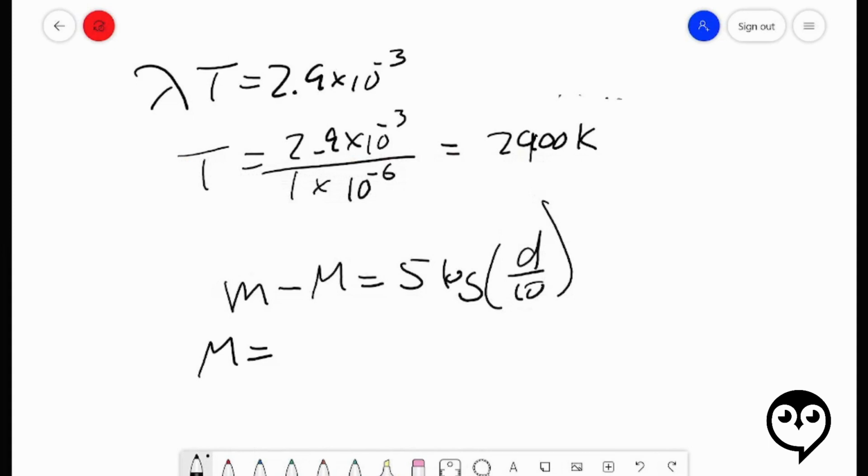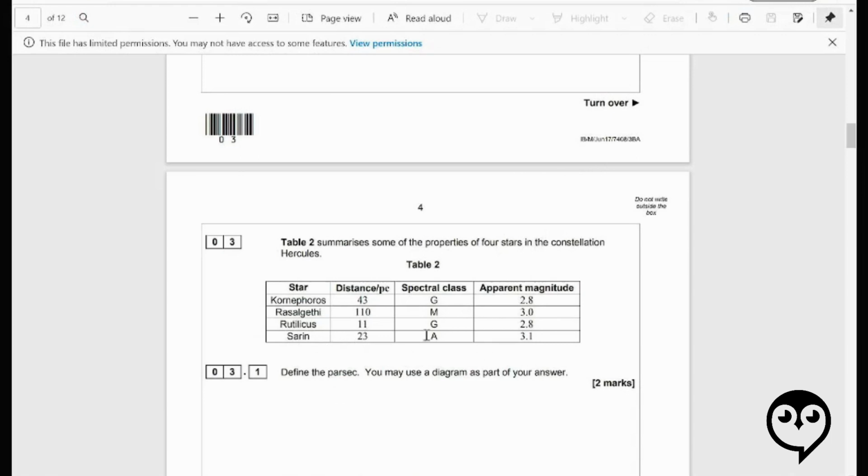So I'll put M on this side, and it'll be little m, which is the apparent magnitude, subtract 5 times log d over 10. Okay, if you take a look at this d over 10 here, the distances, they're all double digits except for Rassel-Gethy.